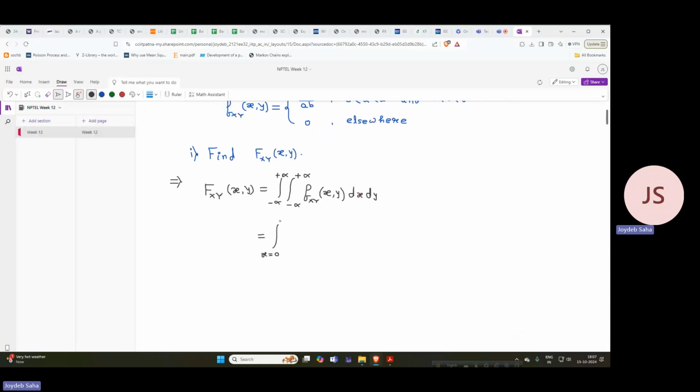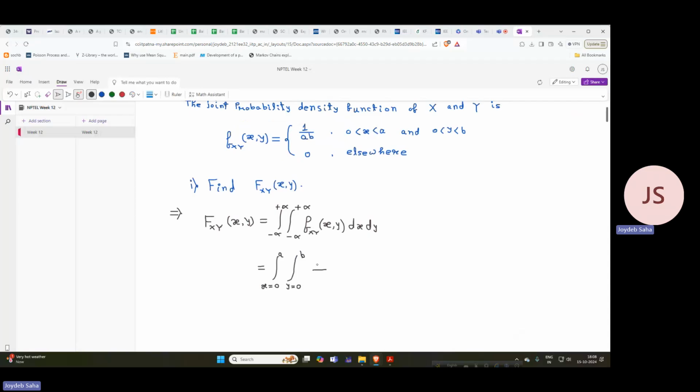X is equal to 0 to a, and the limit of y is equal to 0 to b. One upon ab dx dy.